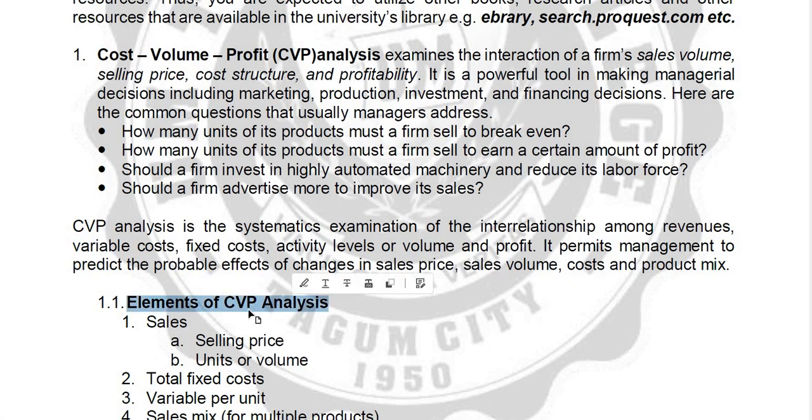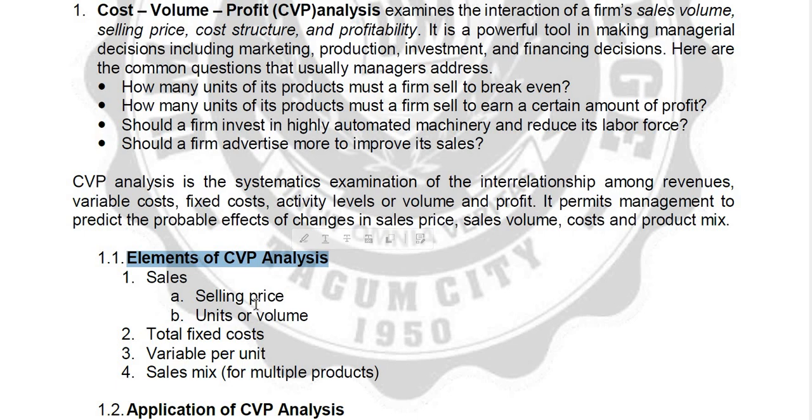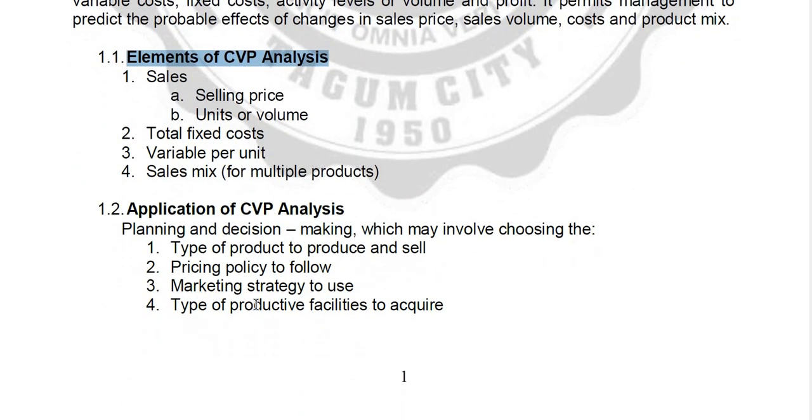So, what are the elements of CVP analysis? So, ito yung mga items na dapat present pag mag-perform tayo ng CVP analysis. So, in terms of sales, sales should be expressed in terms of selling price. So, this is per unit. And then the units or the volume.